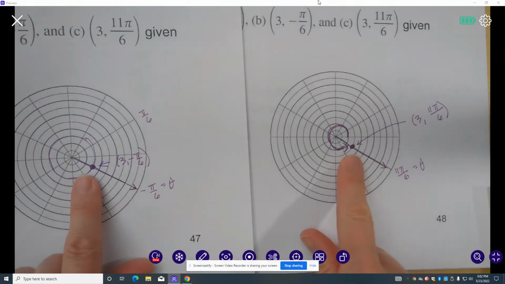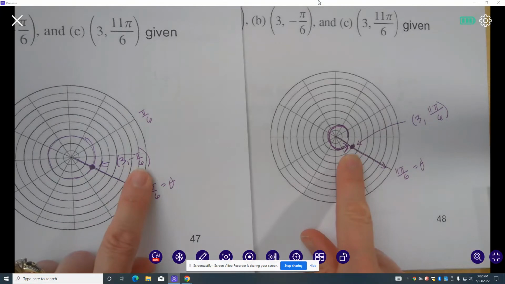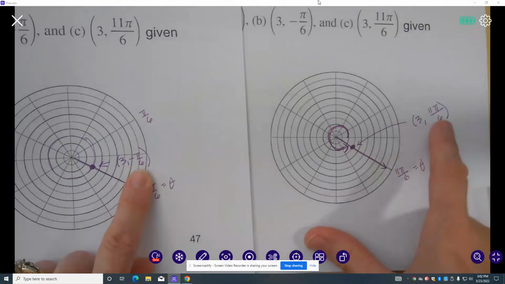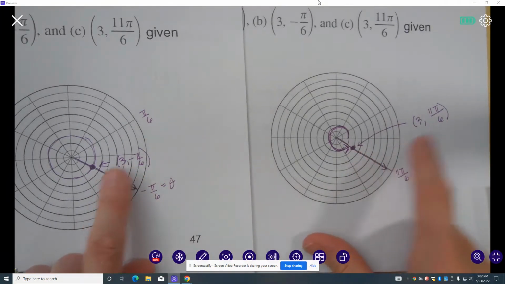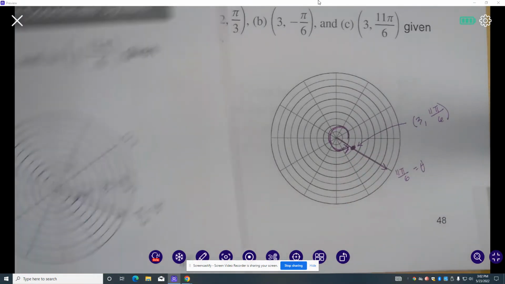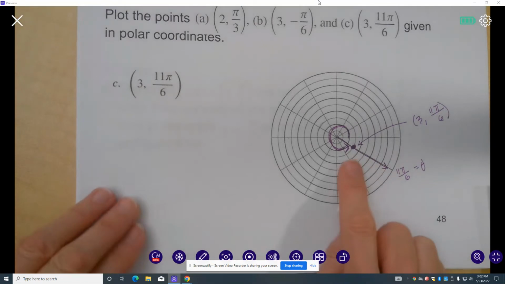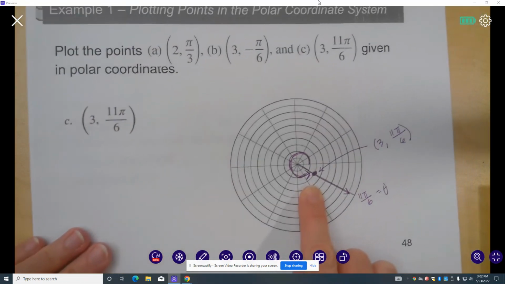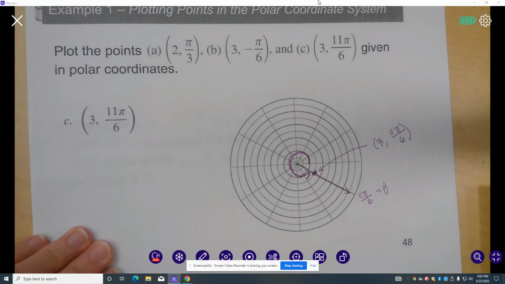So same thing with polar. So this point, r and negative pi over 6 and r and 11 pi over 6, if the r's are the same, they're going to be the exact same coordinate point. So you can represent a coordinate point on the polar grid two different ways, which I think is what the next part gets into.